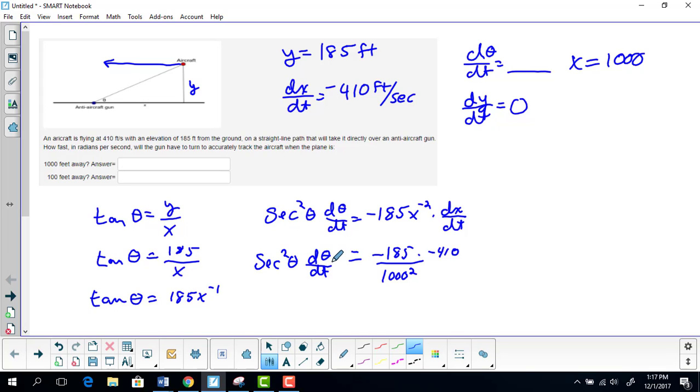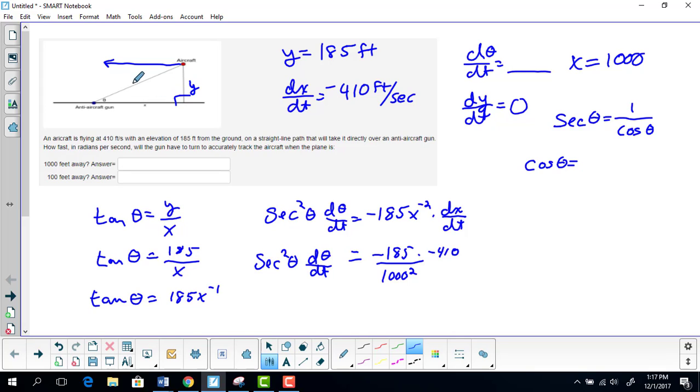In order to solve for d theta/dt, I've got to figure out what secant of theta equals. Well, secant of theta is 1 over cosine theta, the reciprocal of cosine. So I need to figure out what cosine theta actually is. Using right triangle trig, we've got a right triangle right here.